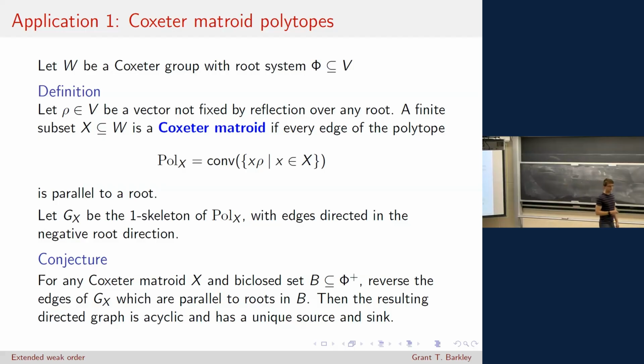Is the Coxeter group finite in this case? No, it's an infinite Coxeter group. It's a theorem for finite Coxeter groups. The subset is finite.